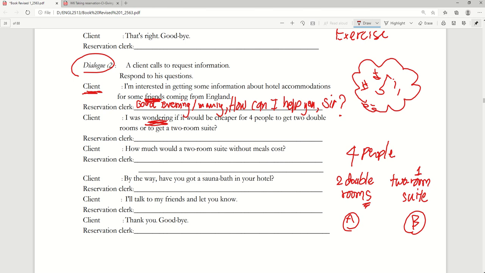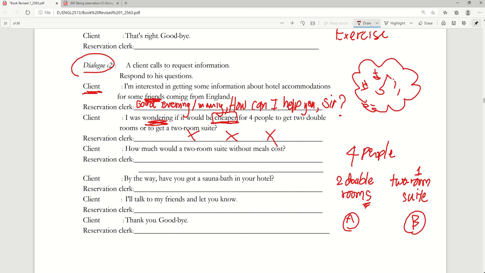And he would like to know which one is cheaper. If you don't understand this sentence, you may get the wrong answer for the next number here. So, reading skill.